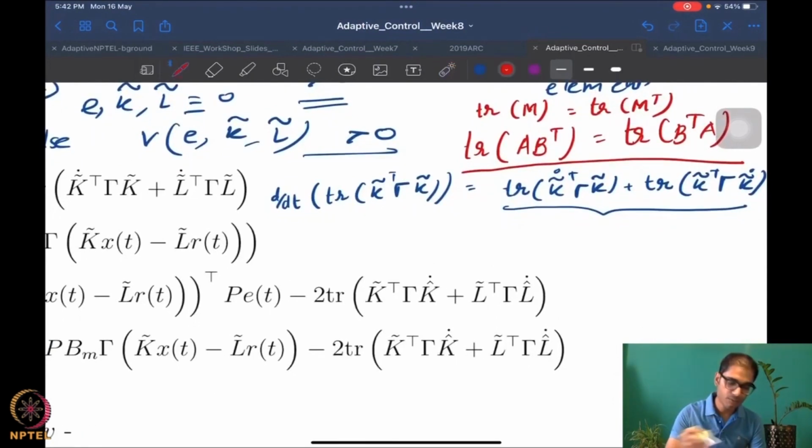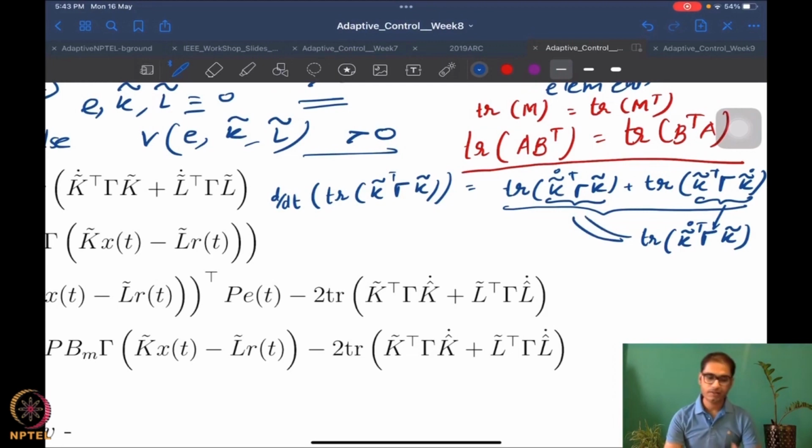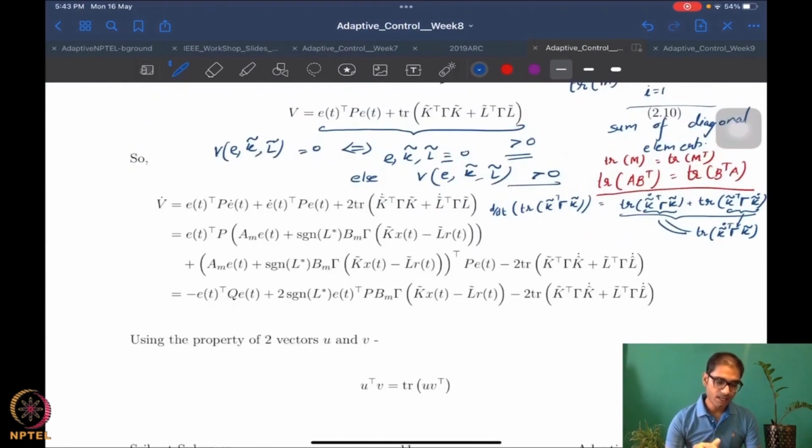If I take the transpose here, I would get trace of k tilde dot transpose gamma k tilde, which is actually the same as this. And that's why I am directly writing this as twice trace of this.